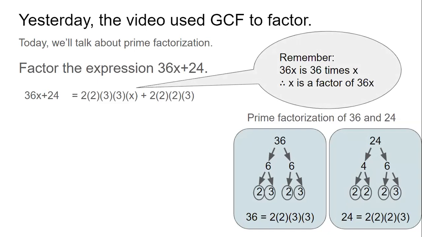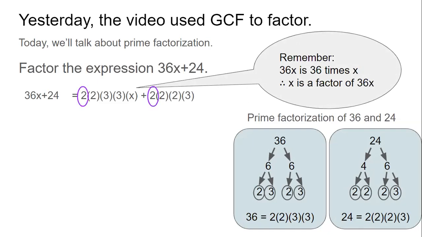Factor just means that it's something that you're multiplying. So because it's 36 times x, x is a factor of 36x. There is not an x in the second term. 24 does not have an x in it. So there is no common factor of x between the two terms.